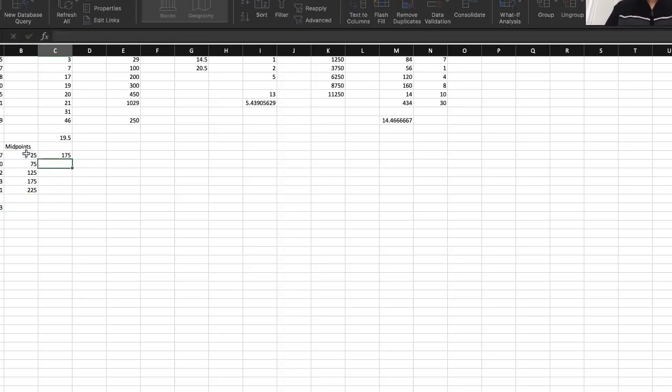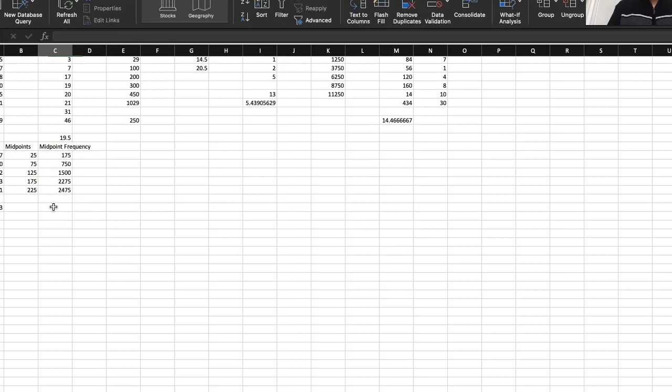When I click enter, I'll get 175. To find the rest of them, I can just take this corner and drag it down, and that'll give me the midpoint times the frequency for the rest of my values, which is a fun and fast way to find midpoints and frequencies.